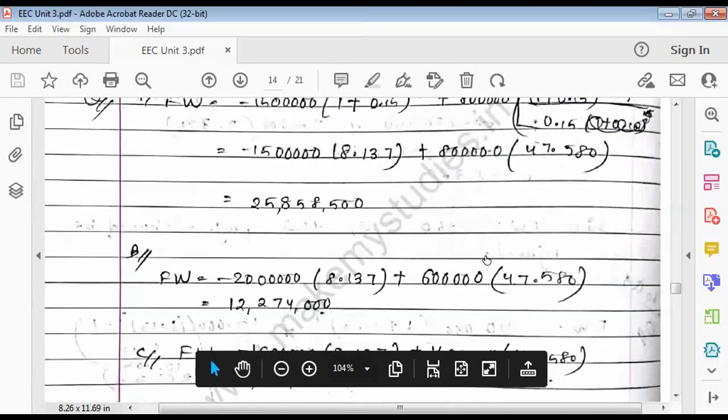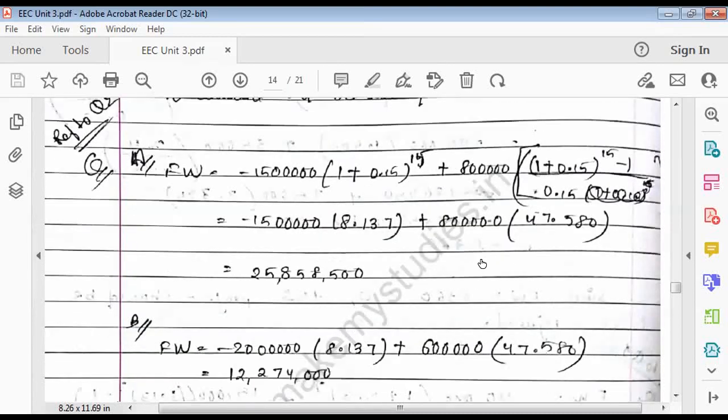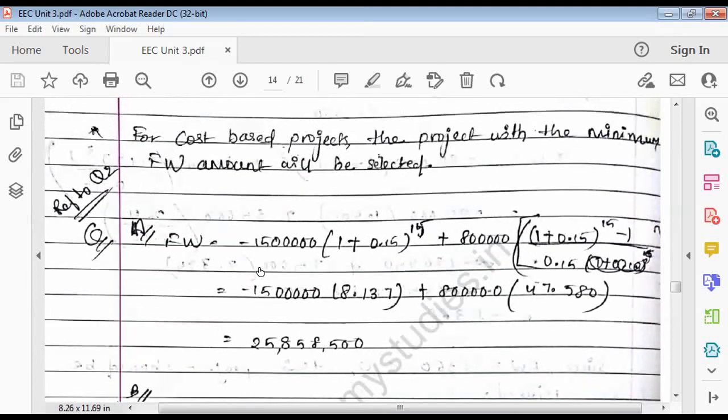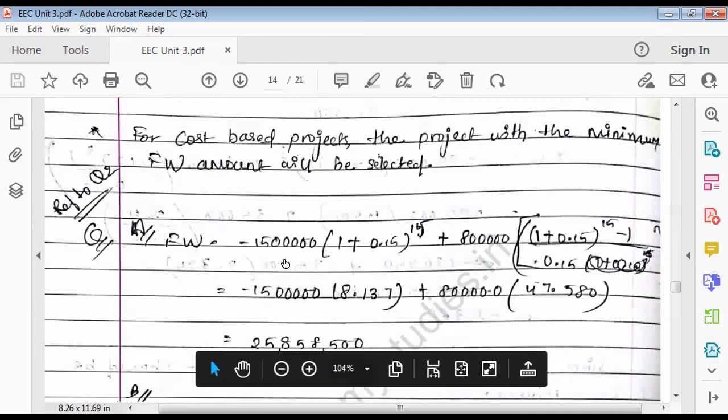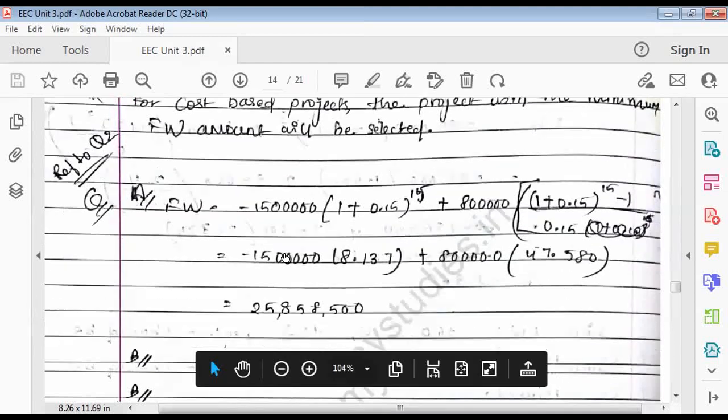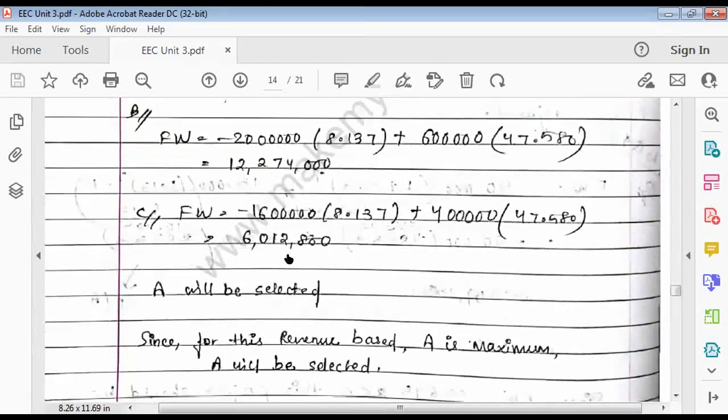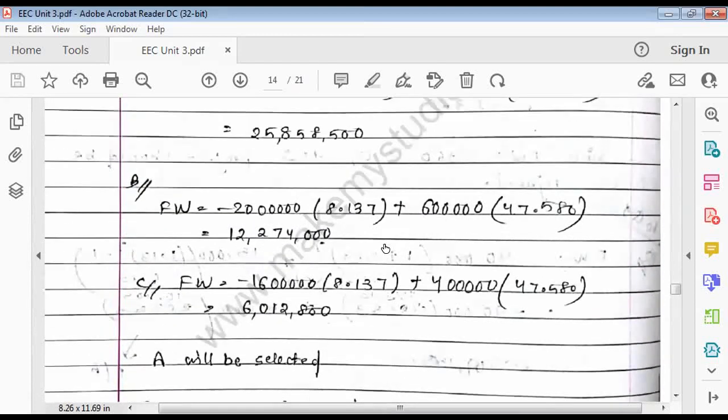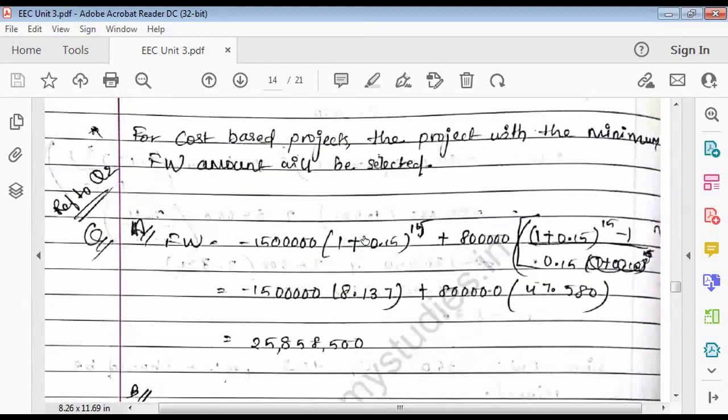Rate of interest is 15% compounded annually. Number of years is 15. Now look at the solution, and you will find it absolutely easy. For 15 lakhs, 20 lakhs, and 16 lakhs, you see what formula has been used: (1 plus r) whole to the power t, the normal compound interest formula.